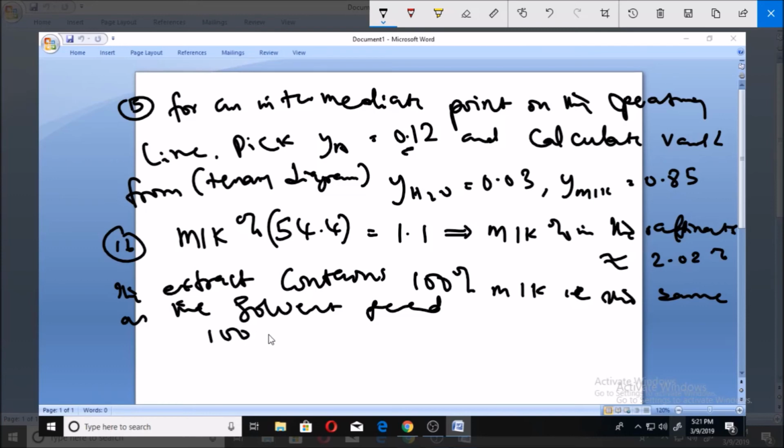So we have 100 approximately equal to what the solvent is, so that V is equal to 100 all over 0.85, which is 117.6.